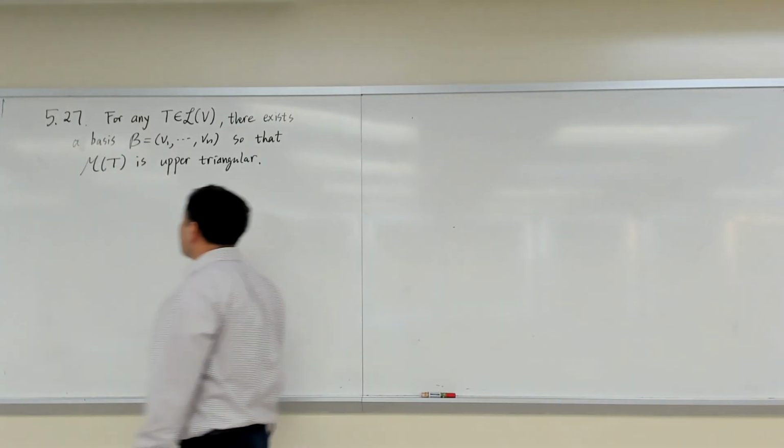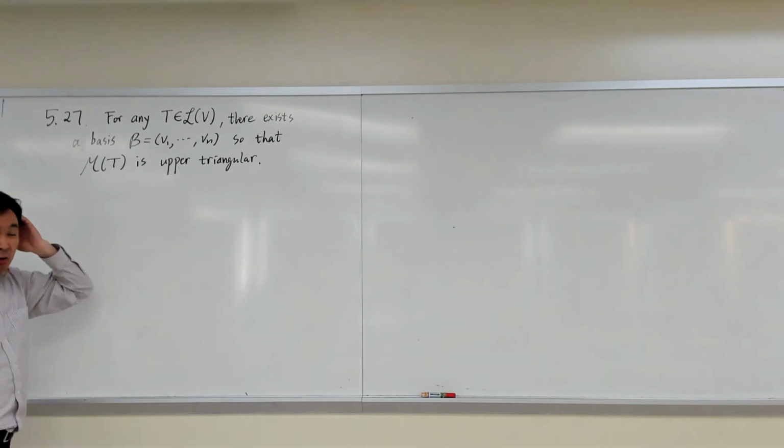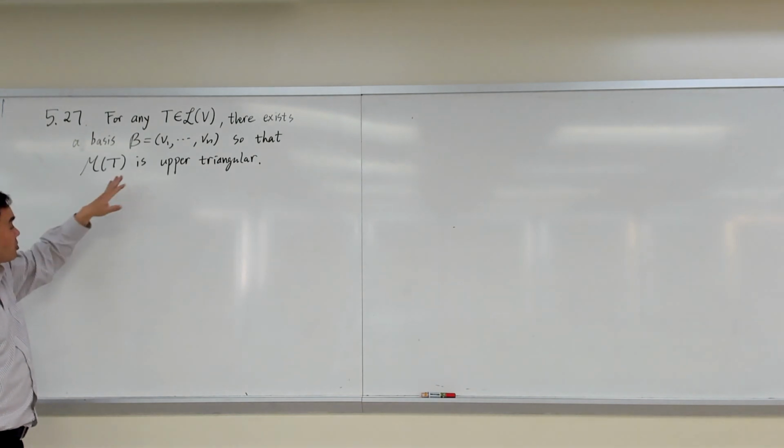But in general, that's not true. That's why we end up with something called Jordan normal form. And this is like a preliminary to getting there.